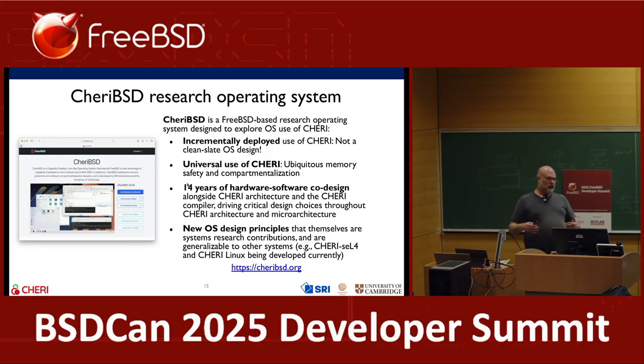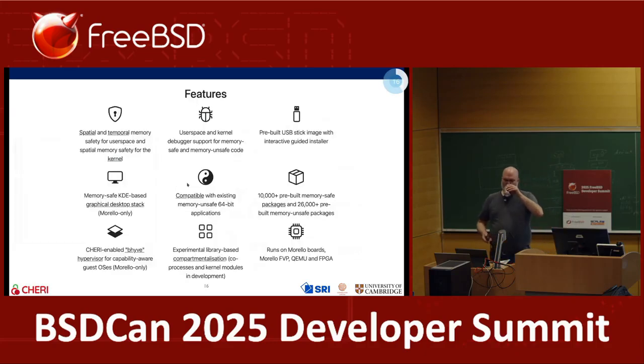ARM and Codicip have both produced a user space implementation of pure capability processes, and then a pure capability kernel for Linux. So these are not just things you can do on FreeBSD. They're things you can do everywhere, but FreeBSD has perhaps done more of them.